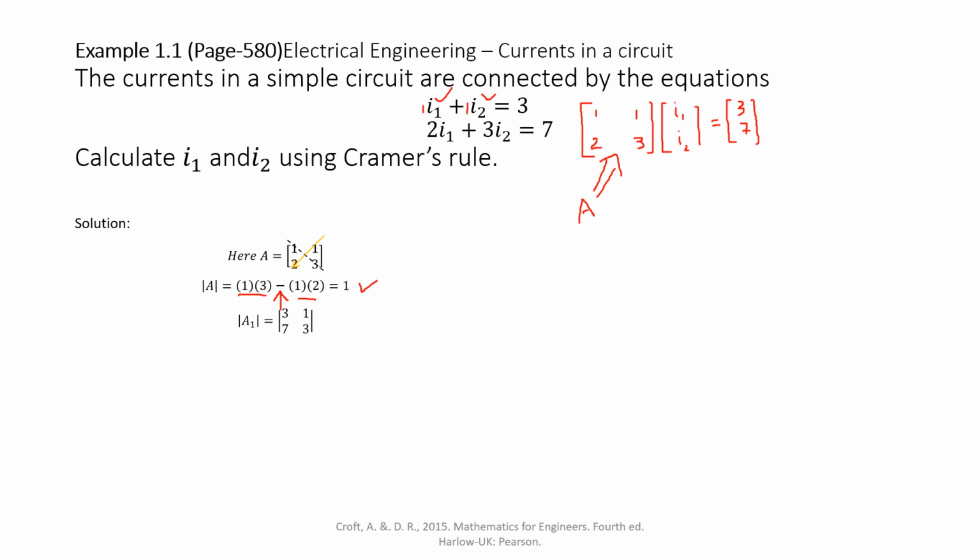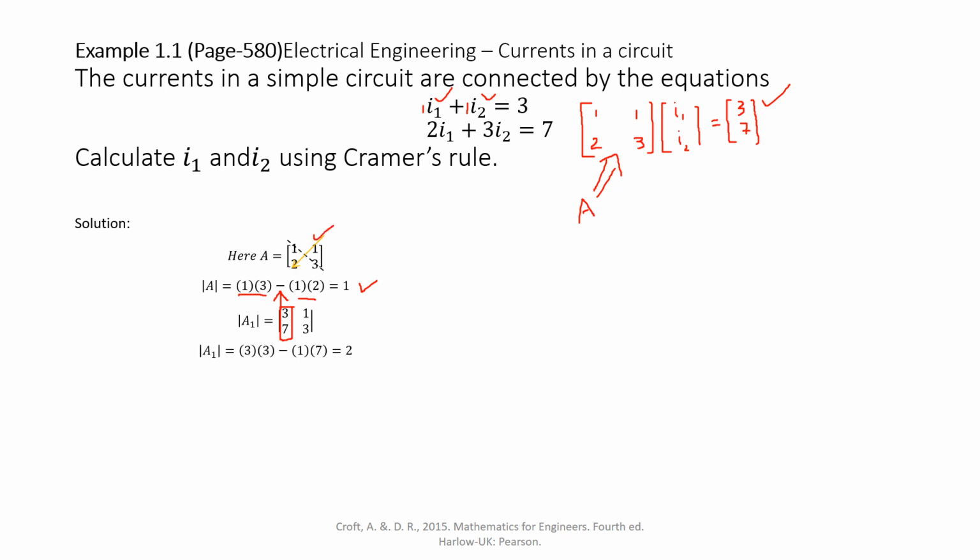Now another matrix, A1. If you see, the first column is actually this constant matrix, and the second column is the actual column of A.